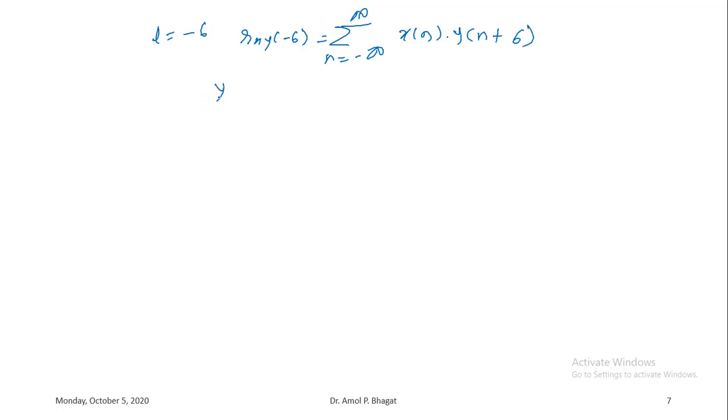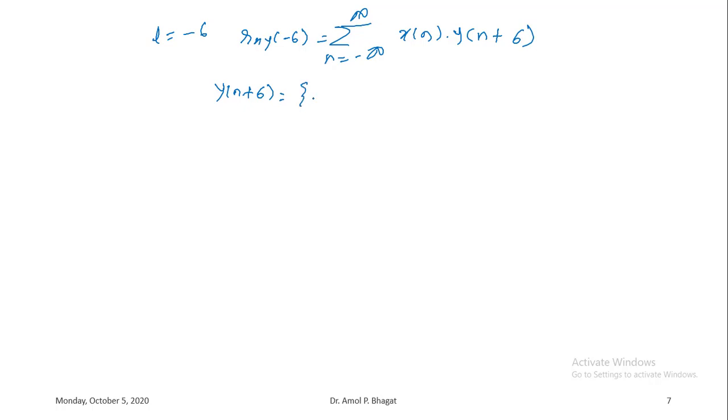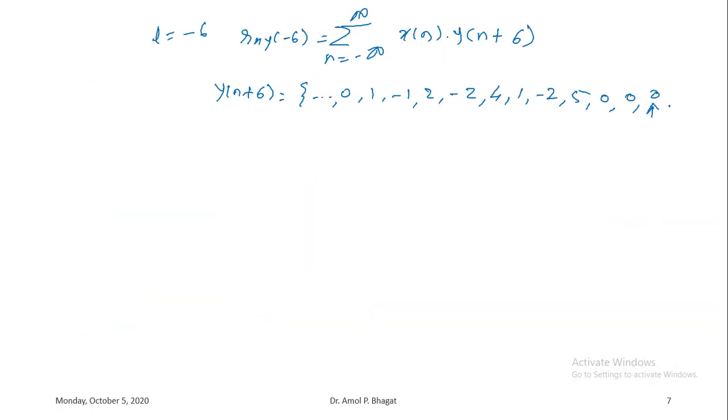So y of n plus 6 will be, again you write the same sequence, that is 0, 1, minus 1, 2, minus 2, 4, 1, minus 2, 5, 4, 1, minus 2, 5, 0, 0. Origin was at the second 0 in the previous case. Now it will shift to the third 0, and so on. Again this will get multiplied with x of n. I will indicate the product sequence as v of minus 6.